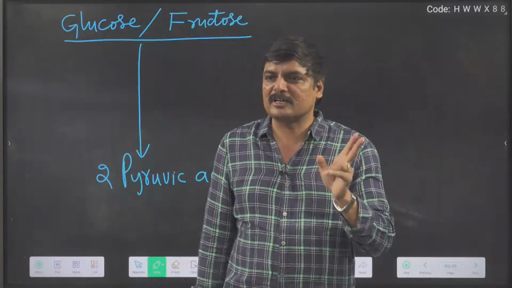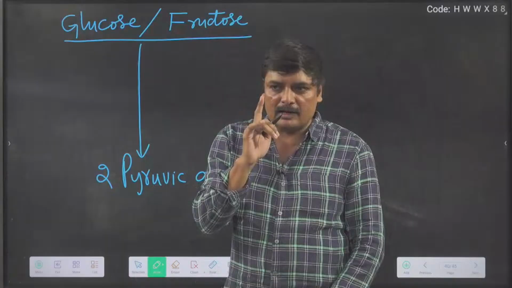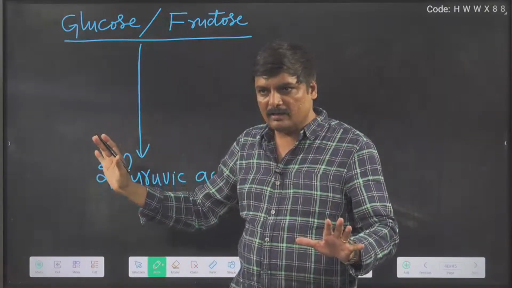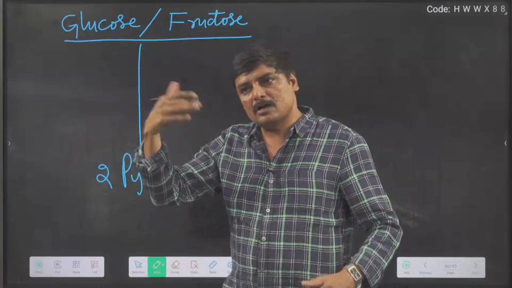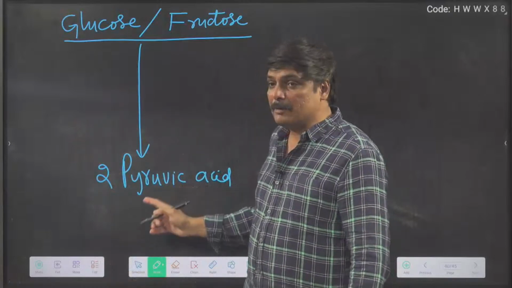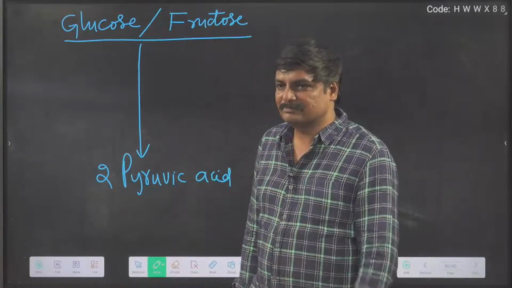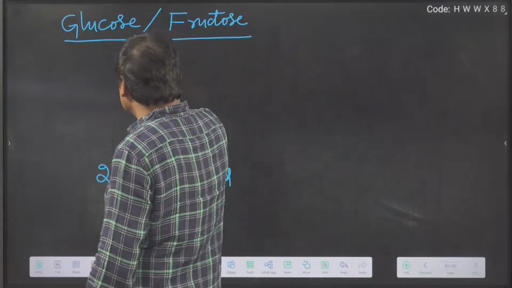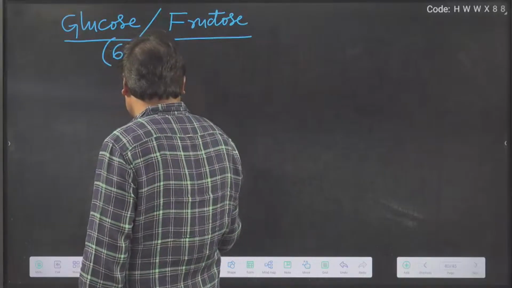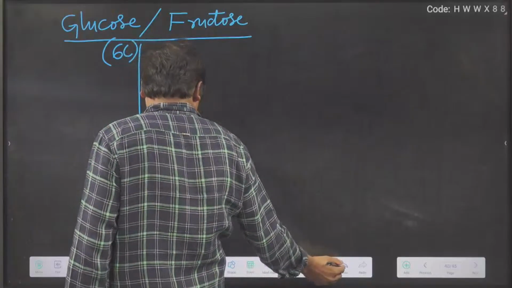Now, two questions are clear. The substrate of glycolysis is commonly glucose, and fructose also acts as a respiratory substrate. And the end product of glycolysis is pyruvic acid. Glucose is a 6-carbon molecule which is split into two molecules of 3-carbon compound.